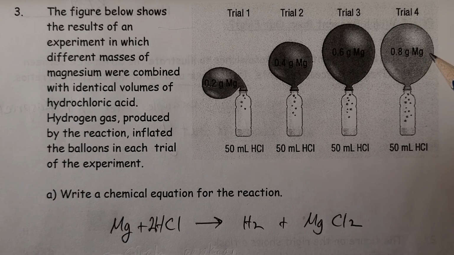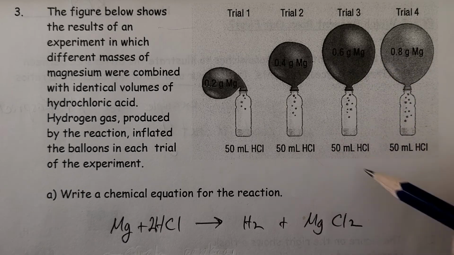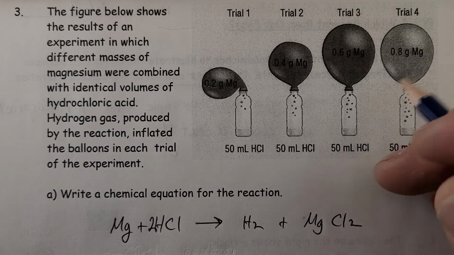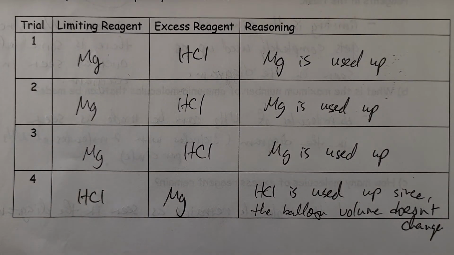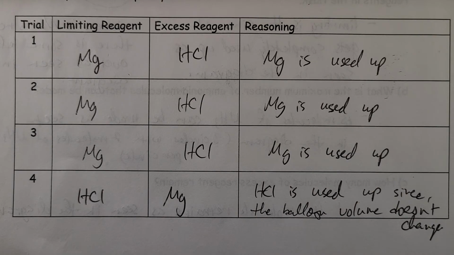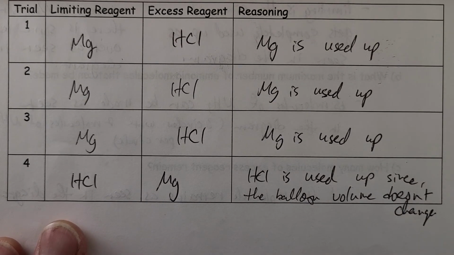And I could add 0.1 gram more of magnesium, and we would get the same thing. So it looks like things have switched. Now the HCl is the limiting reagent, and the magnesium is in excess. And we could simply write here, HCl seems to be used up since the balloon doesn't change anymore.